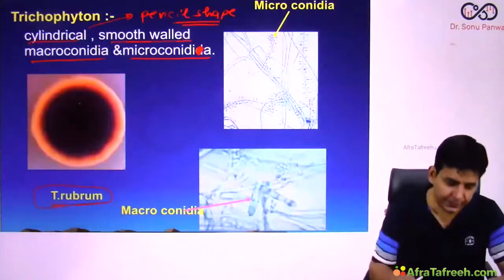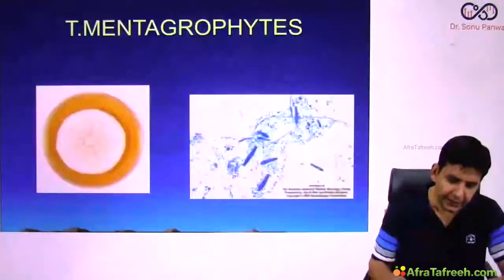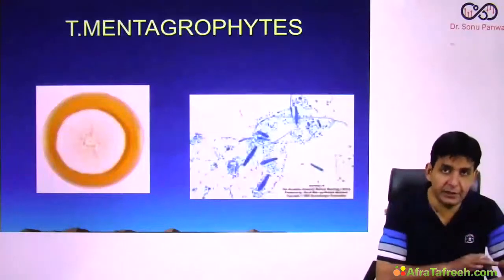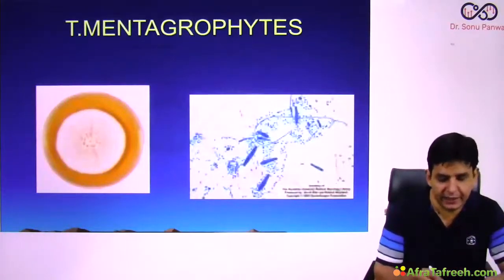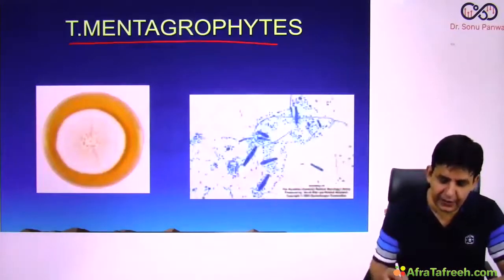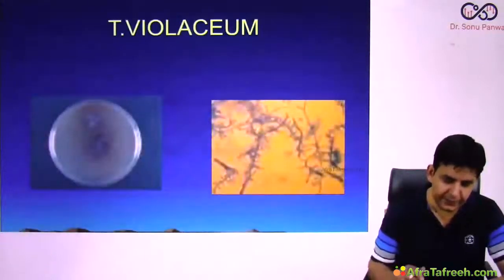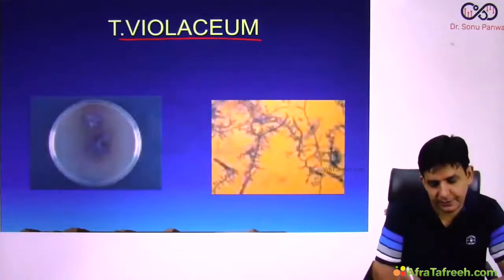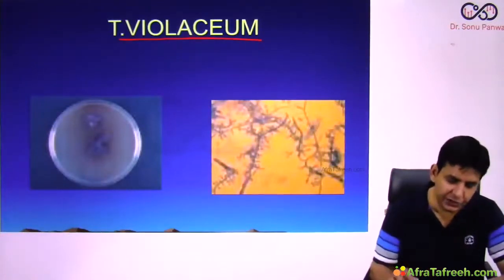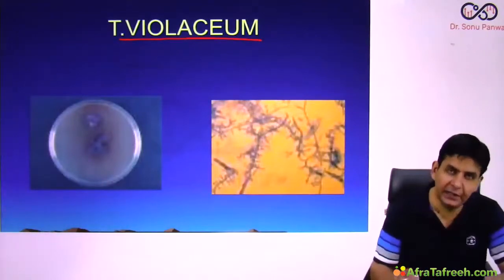Conidia is what? Spore, right? One is rubrum, which is a very famous dermatophyte. Another is mentagrophytes, also a very famous one, and it looks like this. Then violaceum is also there, which is mostly associated with tinea capitis, Trichophyton violaceum.